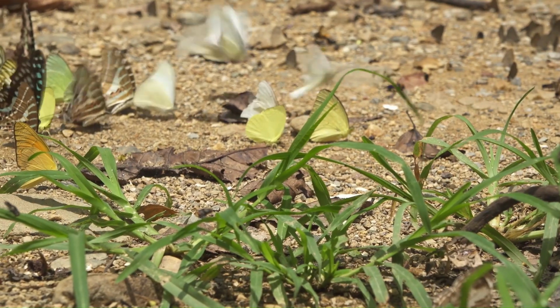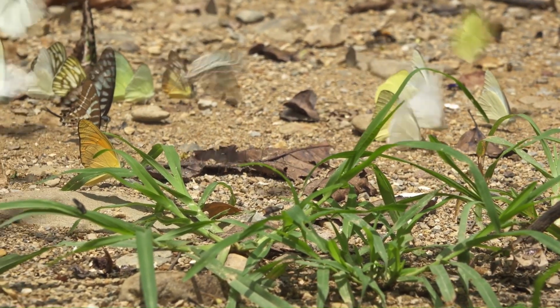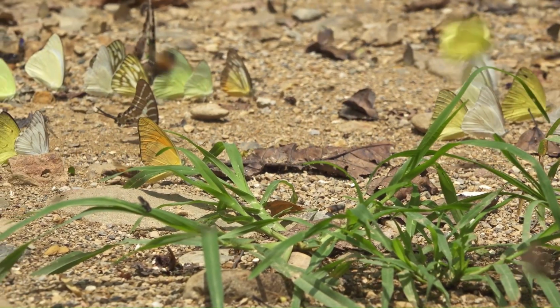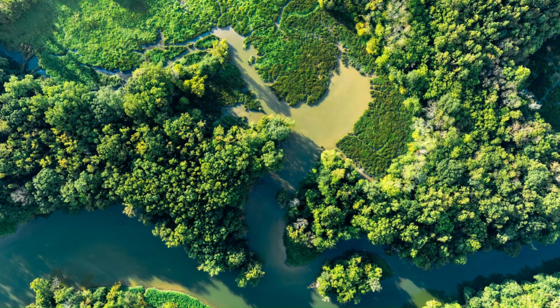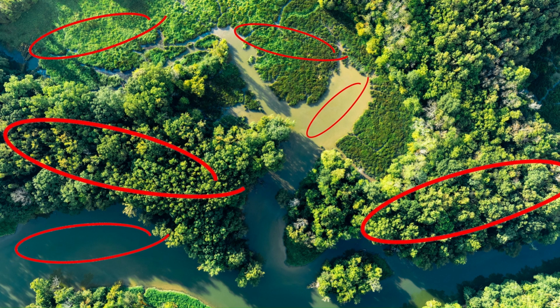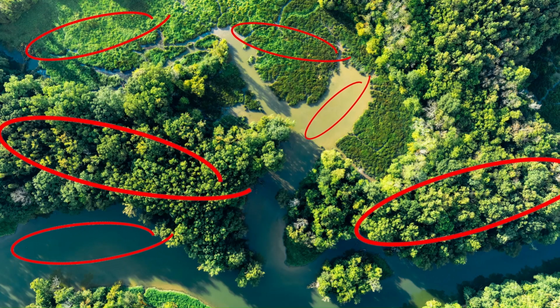So there is one more way to measure the biodiversity. Ecologists often observed that biodiversity is not evenly distributed. Biodiversity often exists in patches or is confined to certain localities.